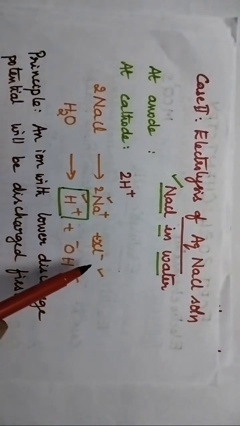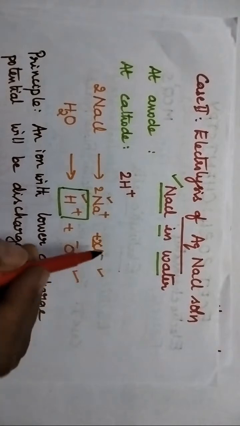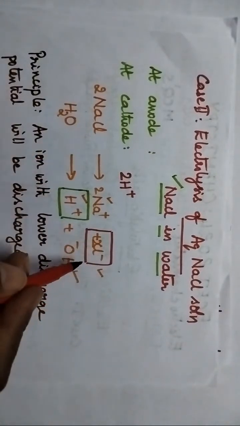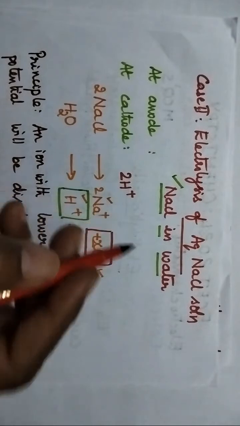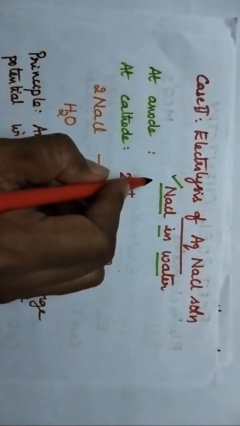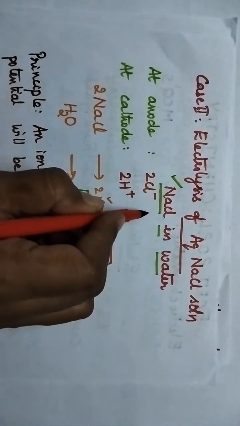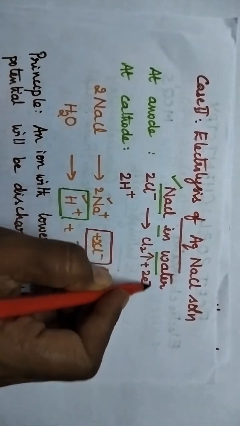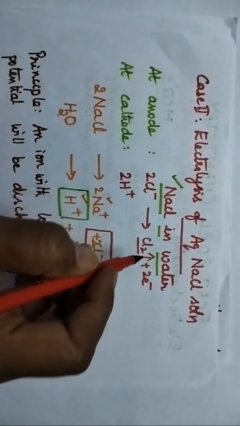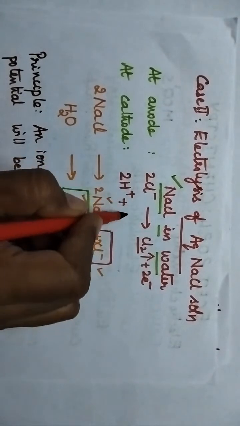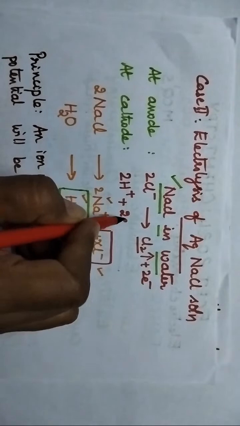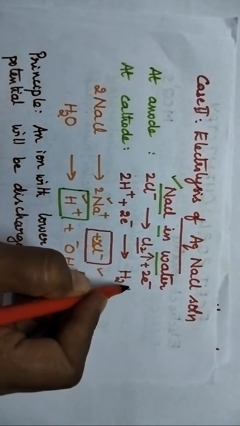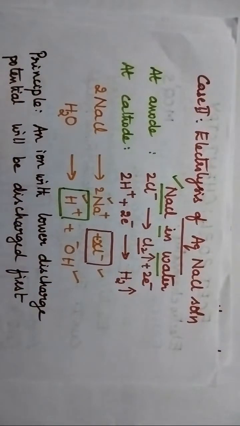Between Cl- and OH- ions, Cl- ions have lower discharge potential, so Cl- ions will move first towards the anode. At the anode, oxidation takes place and Cl2 gas is liberated, and at the cathode, reduction takes place by the gain of electrons, and hydrogen gas is liberated.